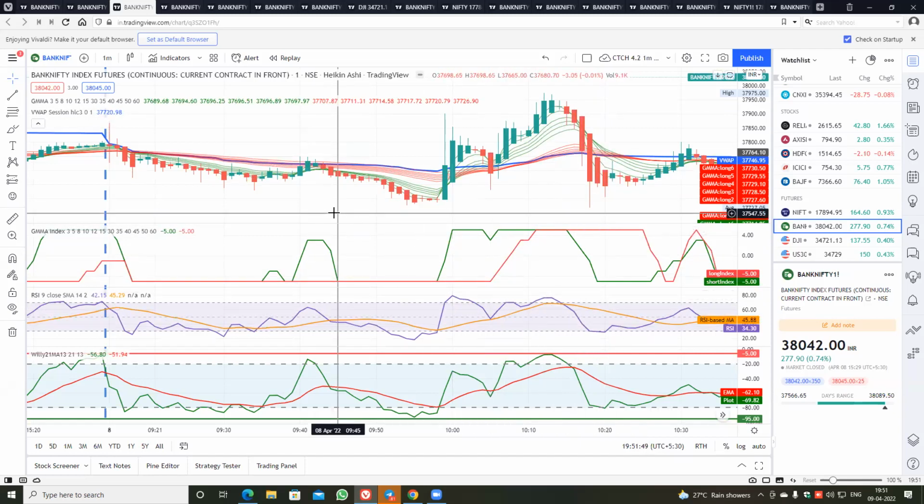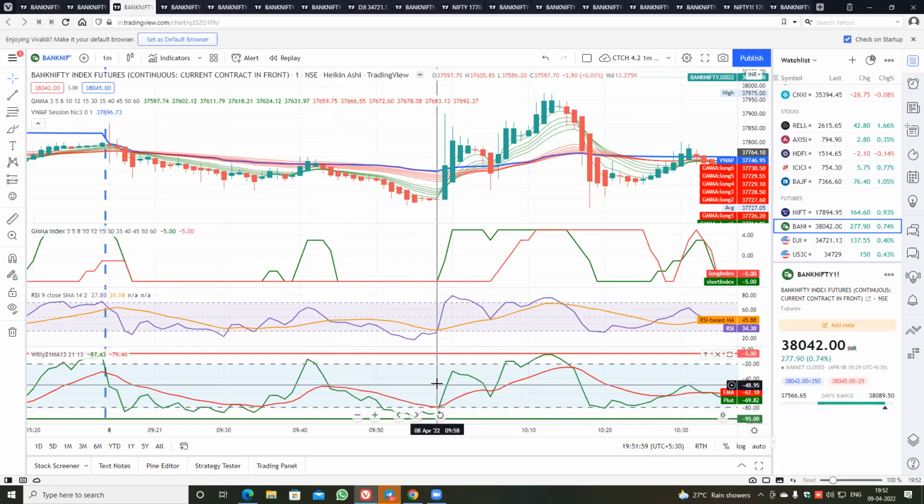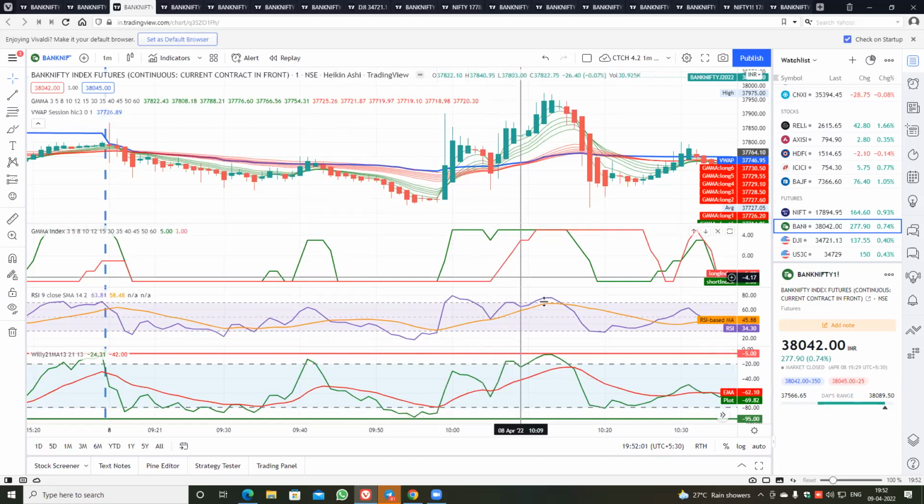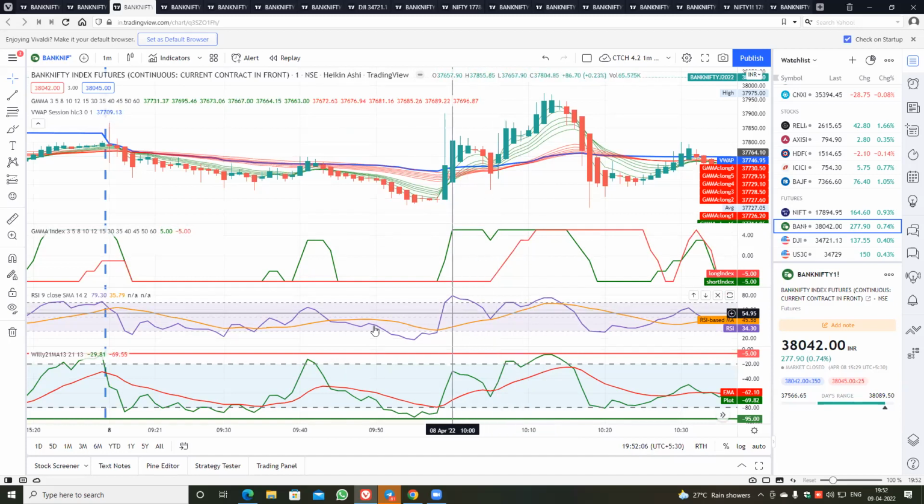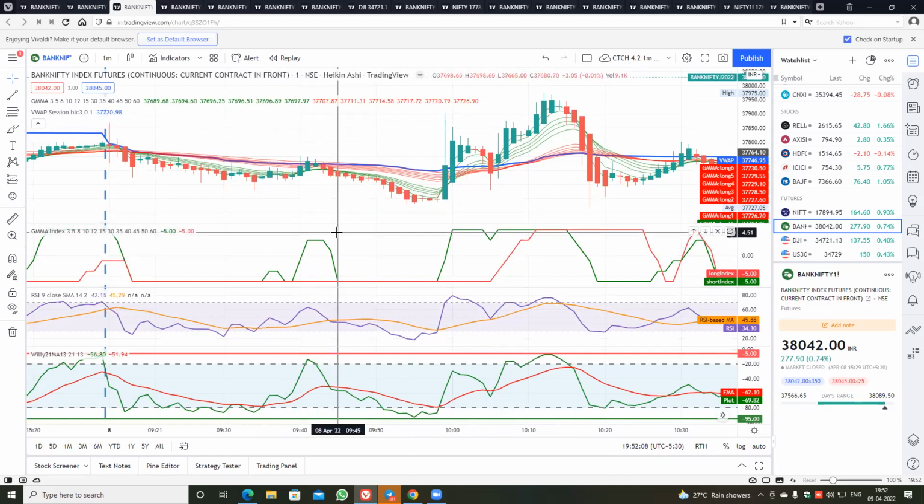The next indicator will be Willy. It comes under the mean reversal indicators. Willy, you know how to take entries here and how to exit. Actually, Jagan sir explained that, and he didn't explain entry and exit for any other indicator.